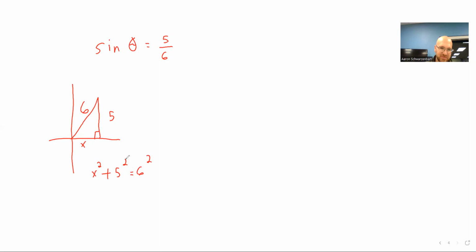So x squared plus 25 equals 36. I'll subtract 25 from both sides. And I get x squared equals 11. X then is equal to the square root of 11.